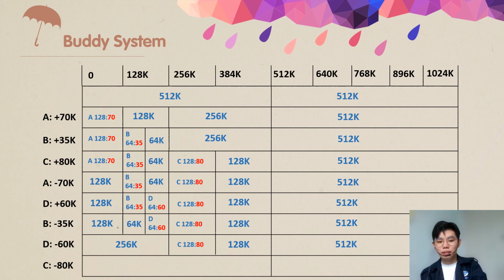Once this 80k is released, this buddy system will be free. So it's now available for 1024k. It may be used by another process later on, so it's not occupied by any memory block again. So that's all.